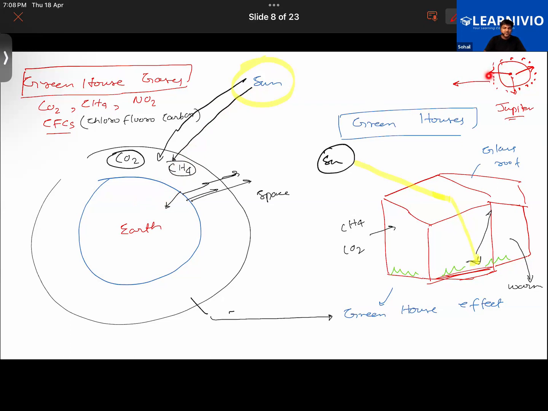Also, it is very far away from the sun. So heat is coming from within the planet, and the heat that reaches the surface of the planet, certain gases will absorb that heat and will not allow it to escape into space. So there also greenhouse effect is observed, right?